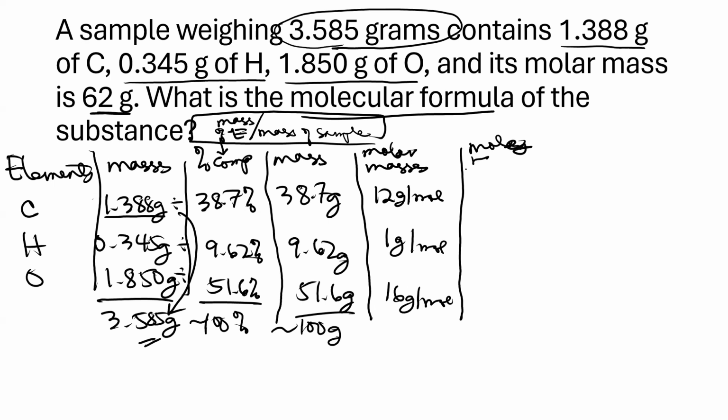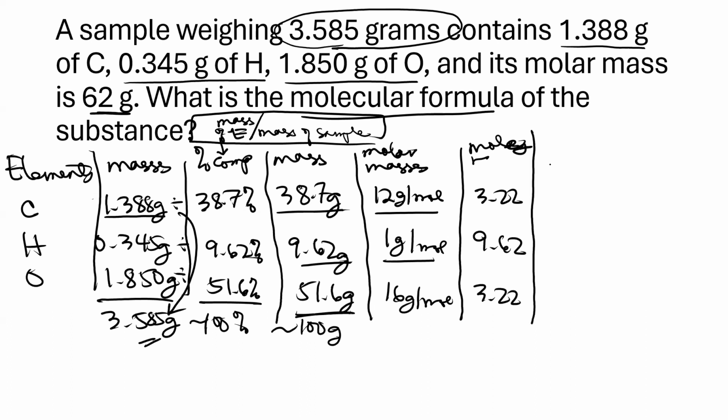So now that we have the molar masses, we get the mole values first. 38.7 divided by 12, you get 3.22. 9.62 divided by 1, you have 9.62. 51.6 divided by 16, you get 3.22 moles, right? Then we get the molar ratio. 3.22 is the lowest mole value among those we calculated, so we divide everything by 3.22, right?